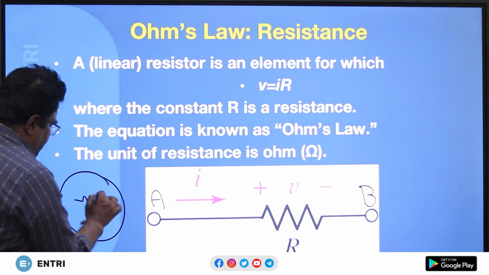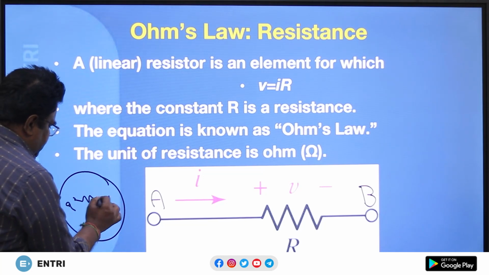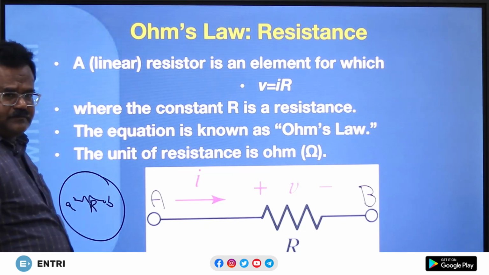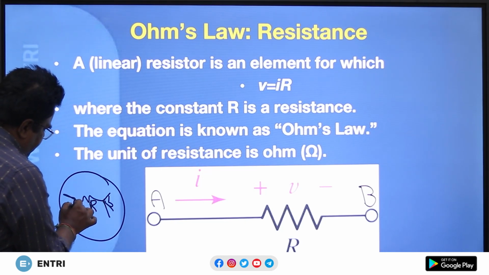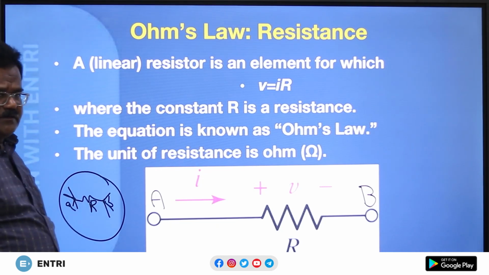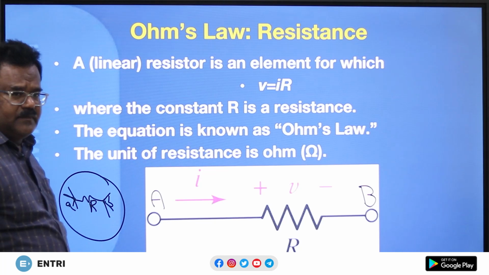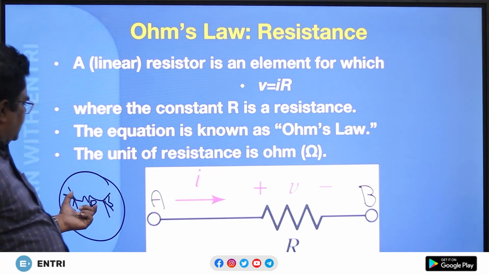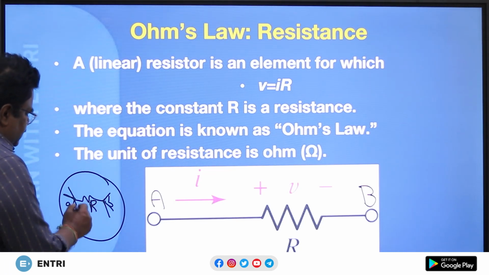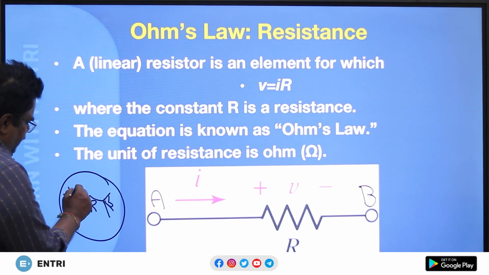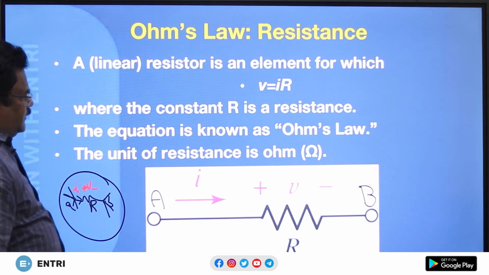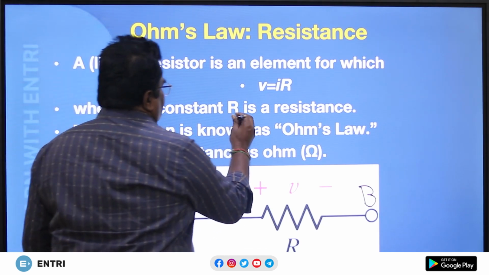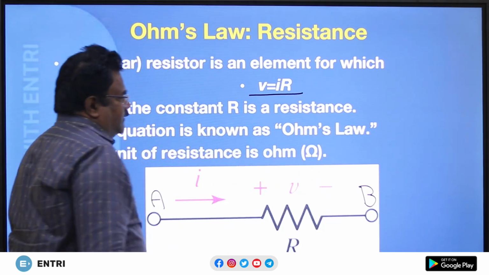Between two terminals like A and B, suppose some resistor is there. That means this may have many elements, we don't bother about that. But you can see a particular resistor is allowing some current I and it has some voltage V here. Then we can say the concept called V is equal to IR.